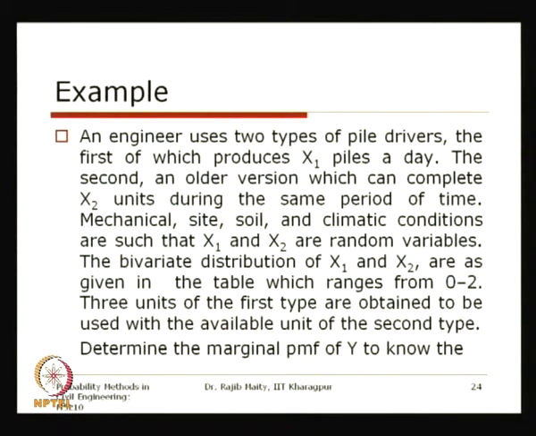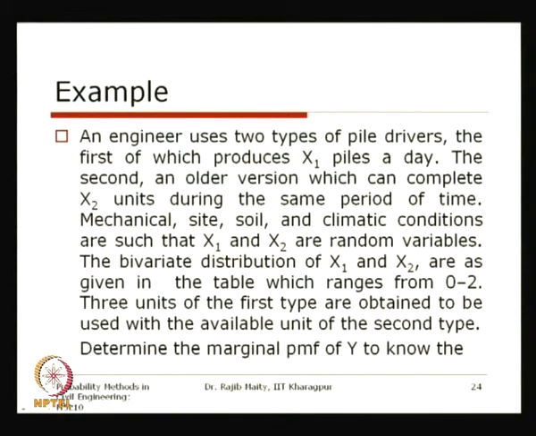Mechanical conditions, site conditions, soil conditions, and climatic conditions can all influence X1 and X2, so X1 and X2 are treated as random variables. The joint PMF of X1 and X2 is given in the table, and it ranges from 0 to 2 units. So X1 can take the values 0, 1, 2, and X2 can also take the values 0, 1, 2, and their joint PMF is shown in the next slide.